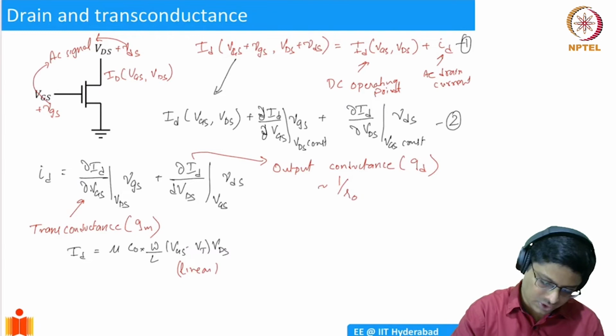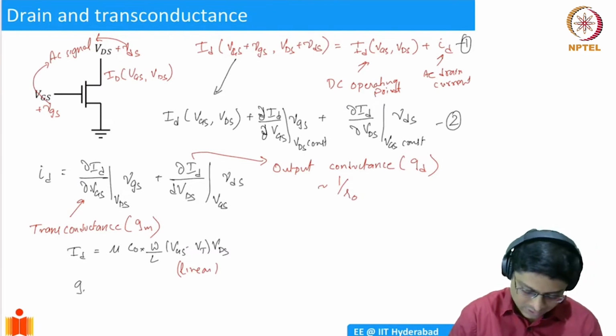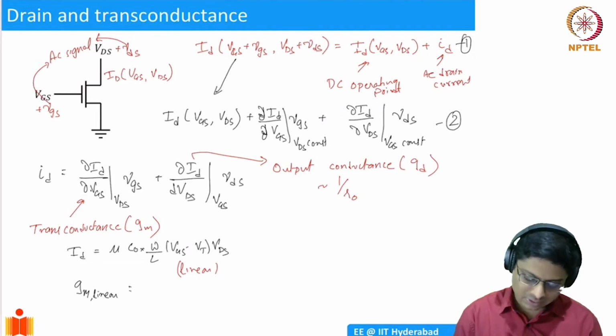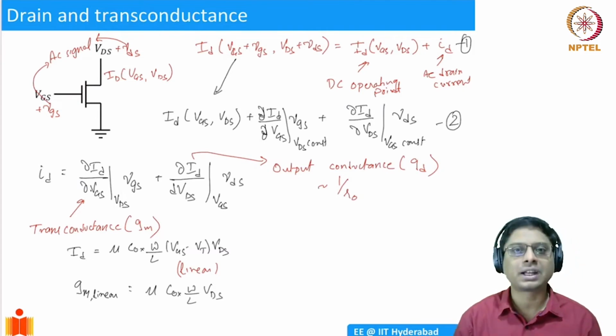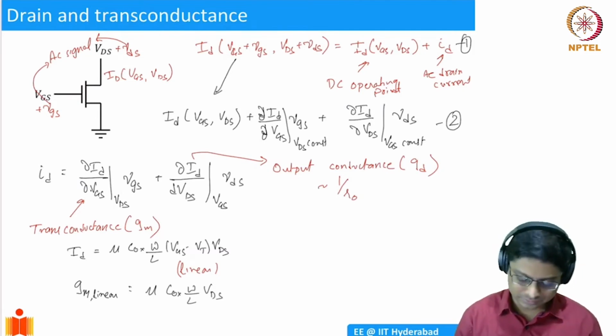GM, linear, is going to be the derivative of it, so basically mu Cox W by L times VDS, because we are calculating that at a particular VDS.